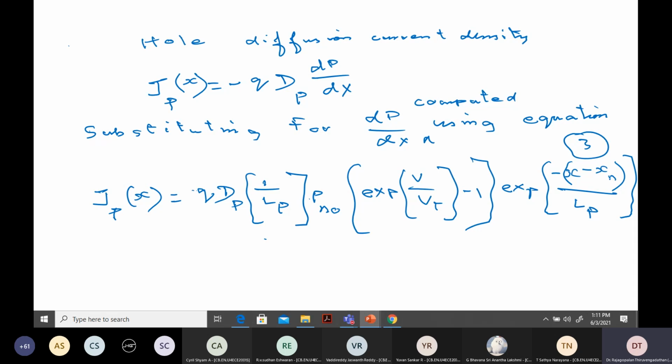What it means is the farther you go from the edge of the depletion region on the inside, you will see the exponential decay of the holes. That is what this exponential term symbolizes. So you can see at x equal to xn, e power minus 0 becomes 1. So the hole diffusion current density will be highest at x equal to xn.